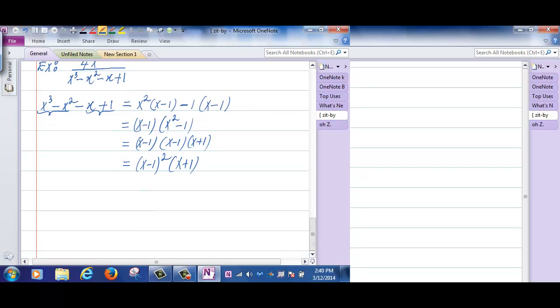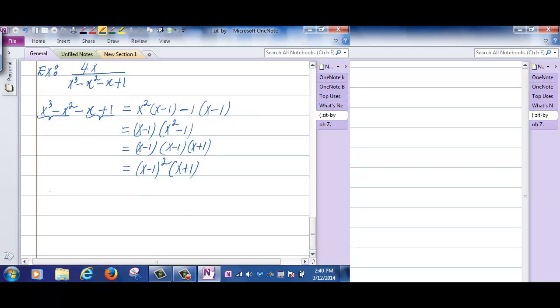Now, my original fraction can be written as what? I can write it as x minus 1 squared times x plus 1. So I accomplished the first step. The second step is what?